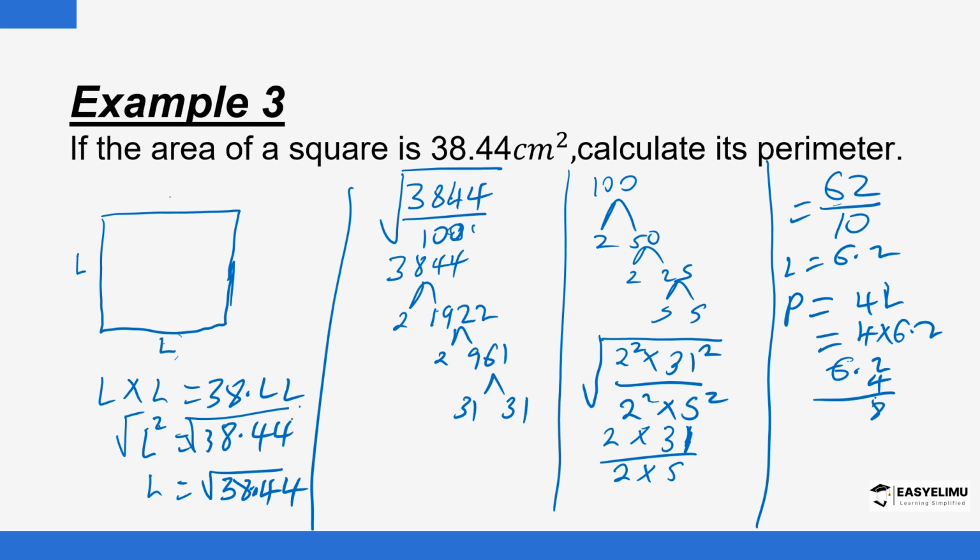So 4 by 2 is 8, and 4 by 6 is 24. So there is the decimal point here. So it means perimeter is equal to 24.8 centimeters. That is how you go about this.